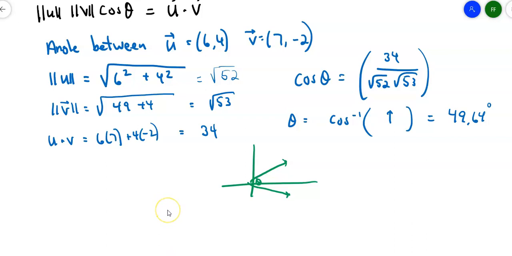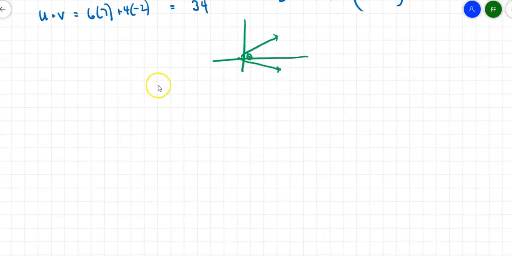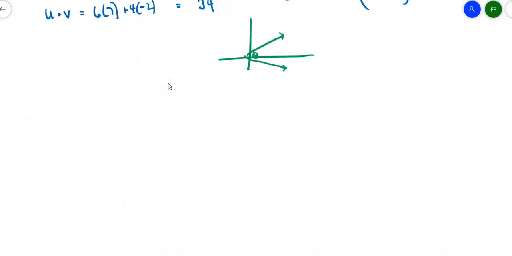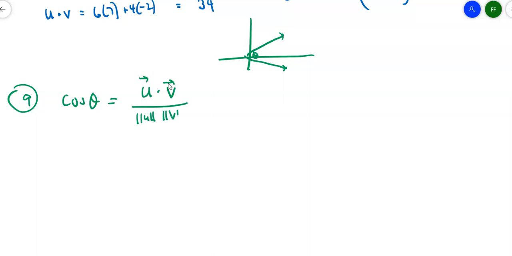All right, a couple of things come out of this. One is, if you go into the formula that we just used for cosine, that cosine of theta equals the dot product of u and v over the magnitude of u times the magnitude of v, the cosine can't be any bigger than 1.